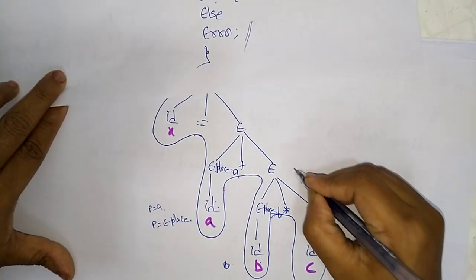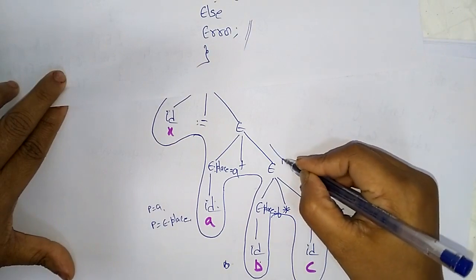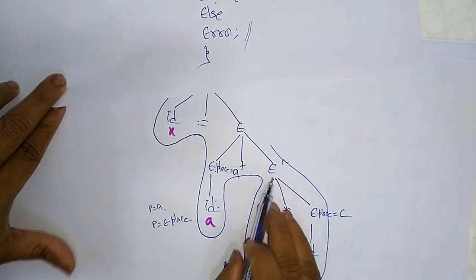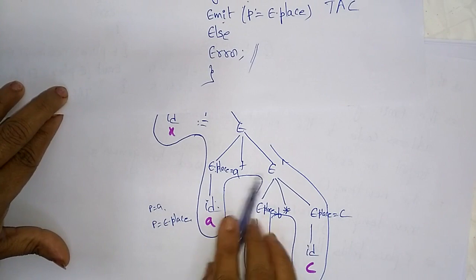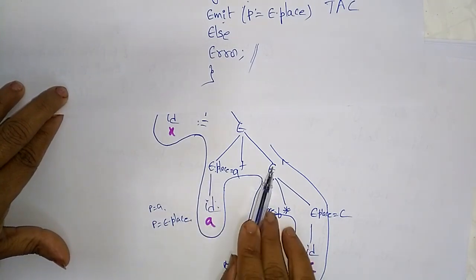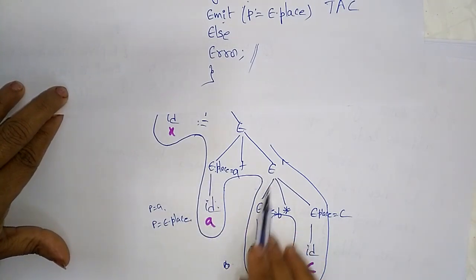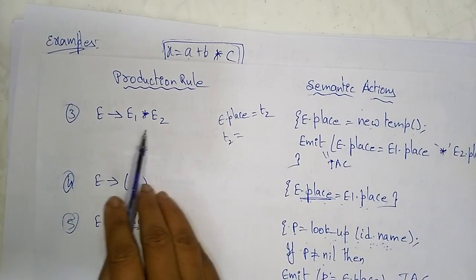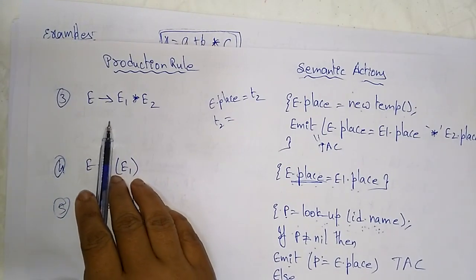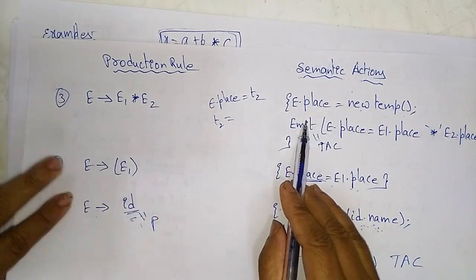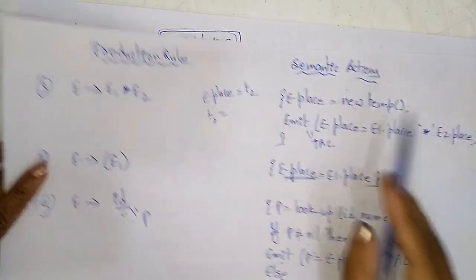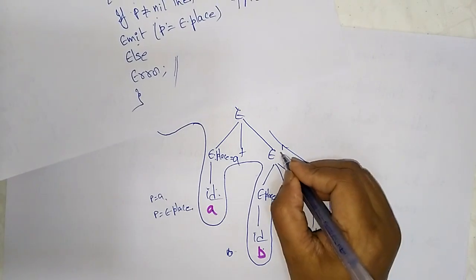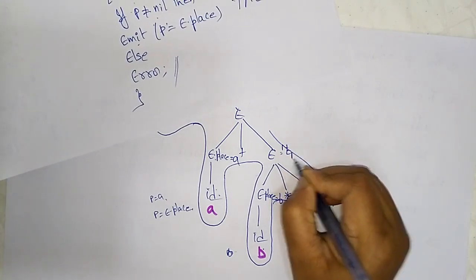Now come here. For this, the reduction is E determines E * E, the third production. What is the action for this production? E.place is a new temporary variable, let's take T1.